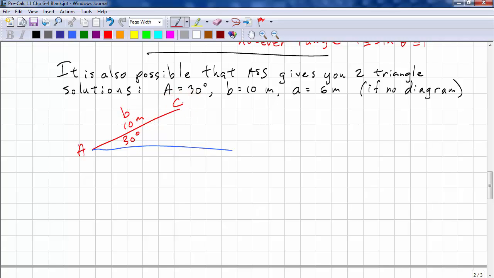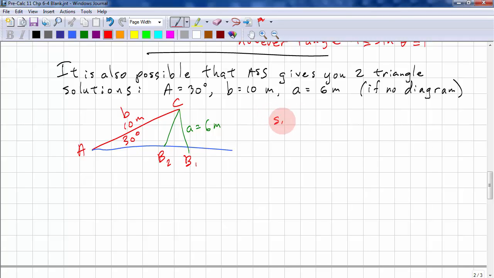We have C, and we have A. So A equals 6 meters. And what's happening here is 6 meters is long enough to touch this part of the side and this part of the side. So in fact, we have B1 and B2.